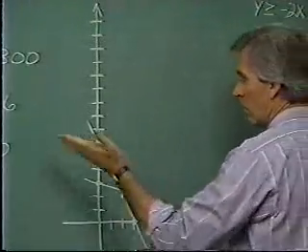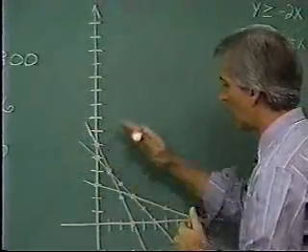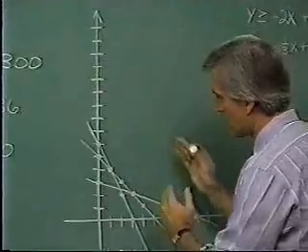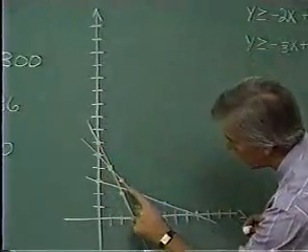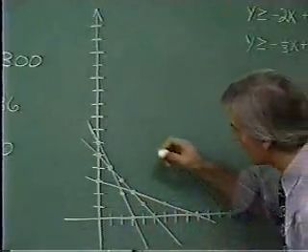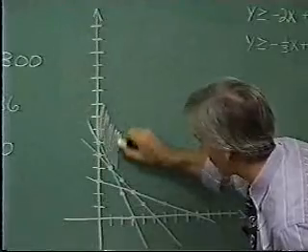Since all of these inequalities lead to a condition where we are above each of the lines, we're talking about a solution which lies above this pattern, in this region of our coordinate system.